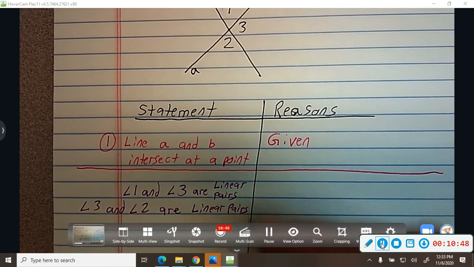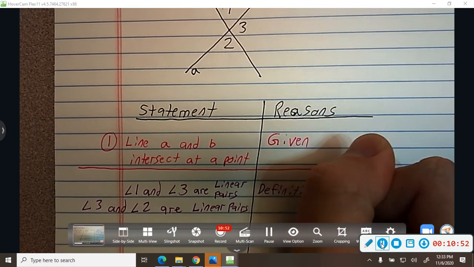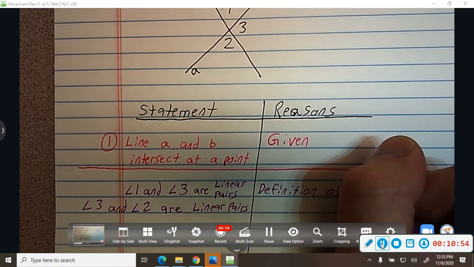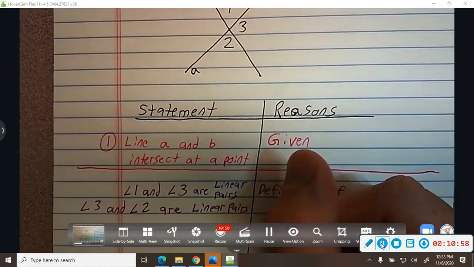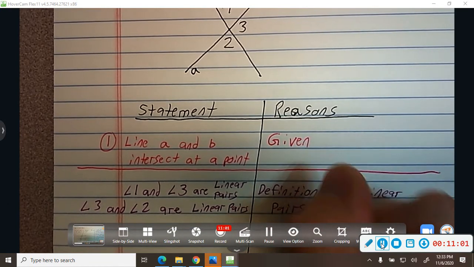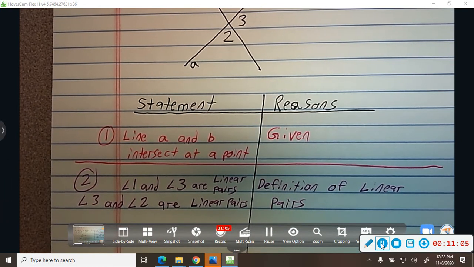And how do I know that? That's the definition of linear pairs. So that's step 2. Okay. So what do we know about linear pairs? Well, if they're linear pairs, we also know that they're supplementary.